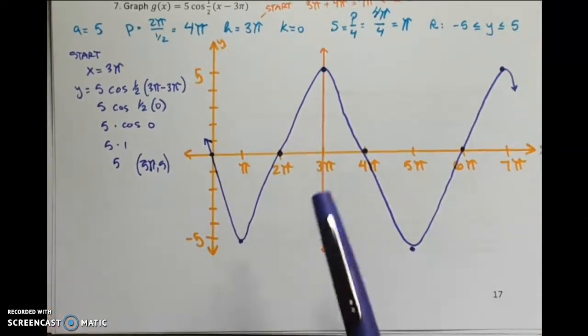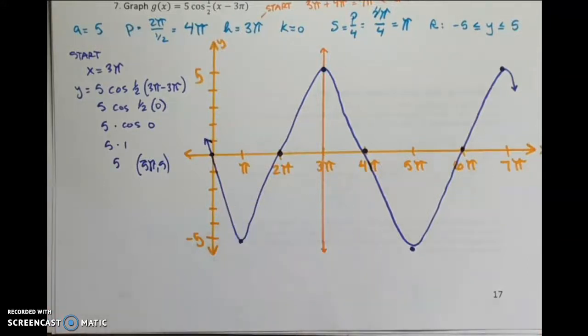And again, these ones get a little tough when we're moving right or left. It kind of throws things off. So that was a nice one to start with.